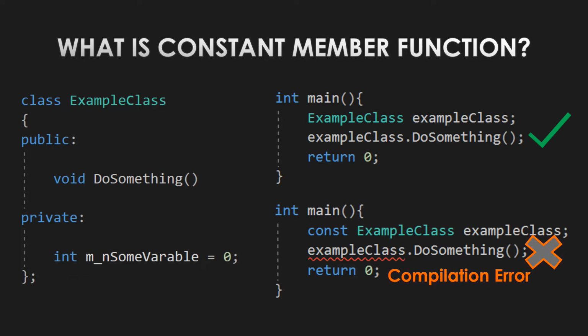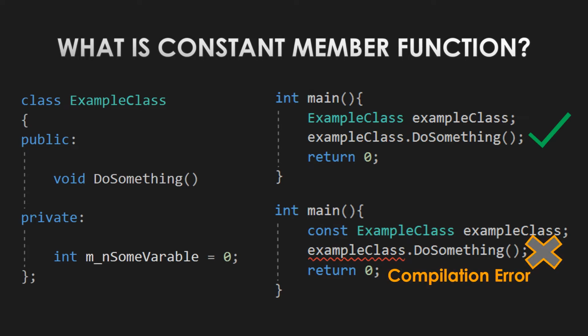Here in the example, the member function do something in class example class is not a constant function. It is a normal function. As shown here, the compiler raises a compilation error, as it is not allowed to call a non-constant member function using a constant object. This is because as the object is made constant, it shall not allow any code that causes modification of the object's internal state.